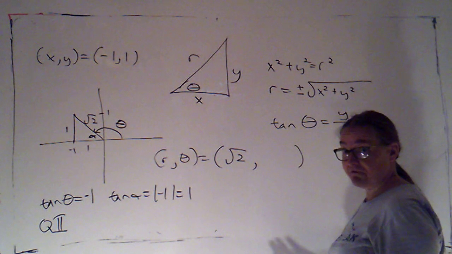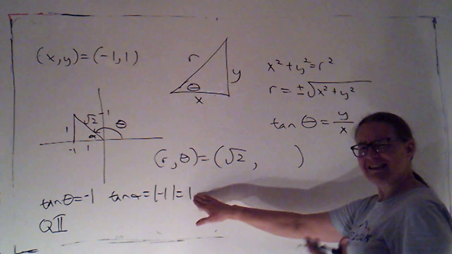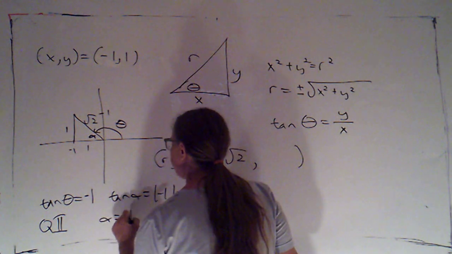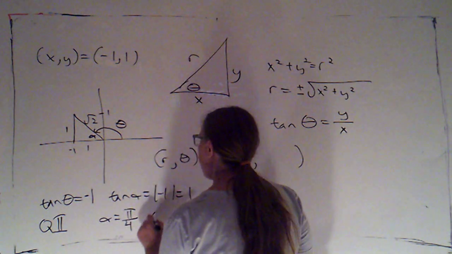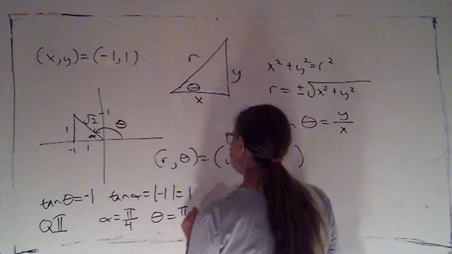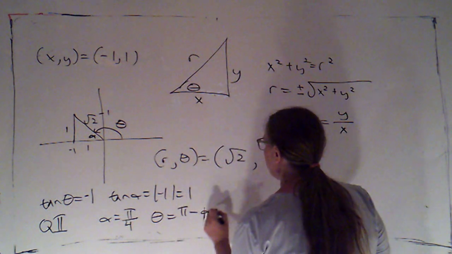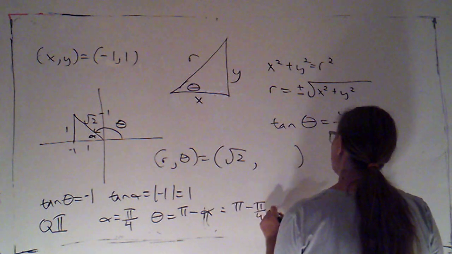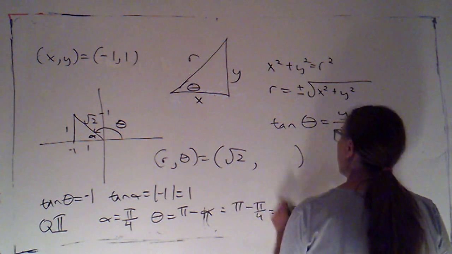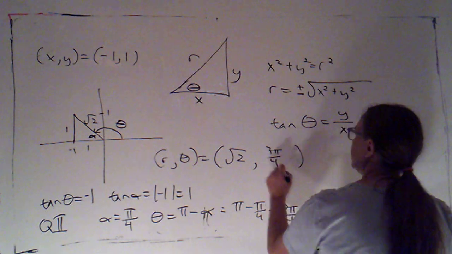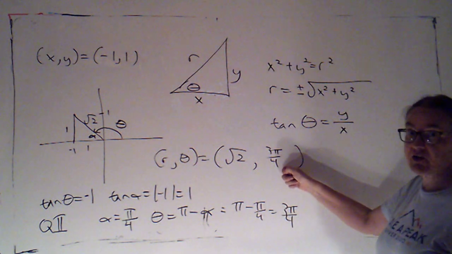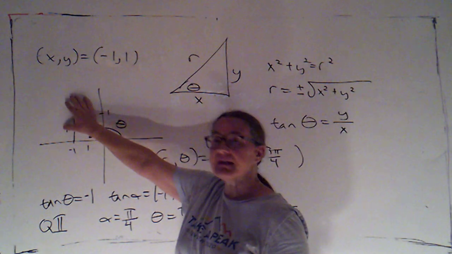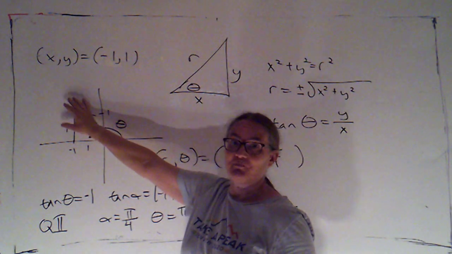I can use arctan for that, but I should recognize the angle whose tangent is 1 is pi over 4. So alpha would be pi over 4. Theta is pi minus alpha, so that would be pi minus pi over 4, or 3 pi over 4. Not something I could get using inverse tangent. I had to look at the fact that I was in quadrant 2.